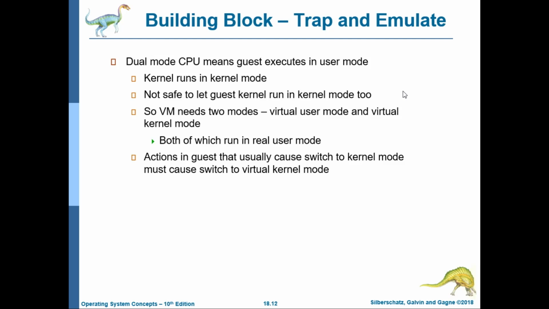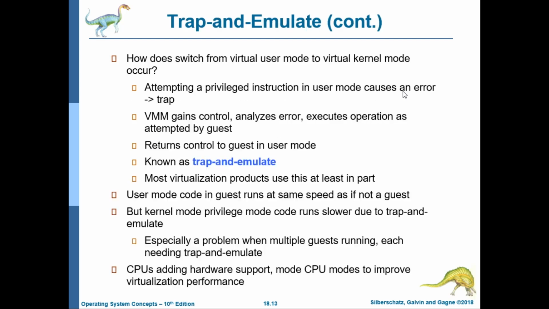So the virtual machine needs two modes, virtual user mode and virtual kernel mode. Because a VM is a virtual machine, it also has two modes, the virtual user mode and the virtual kernel mode, but in reality, the VM runs in real user mode of the host operating system. So actions in the guest that usually cause a switch to kernel mode must cause a switch to virtual kernel mode.